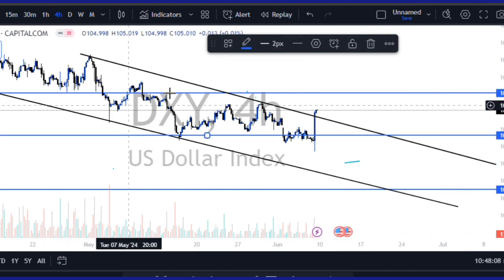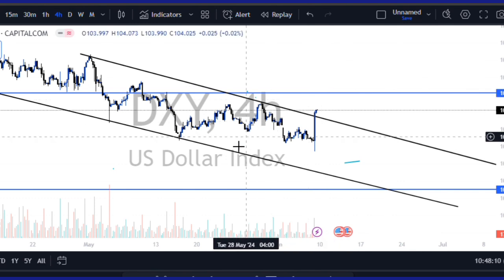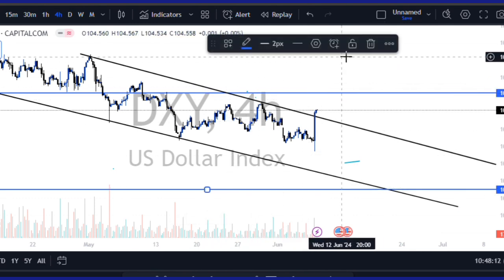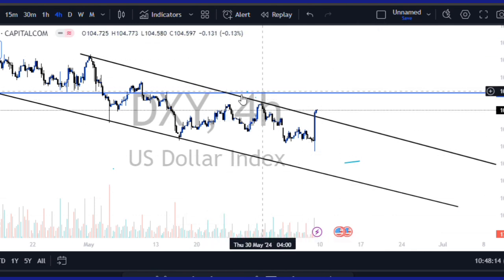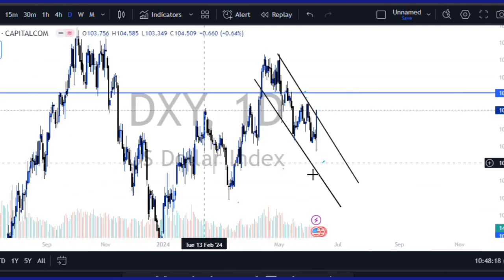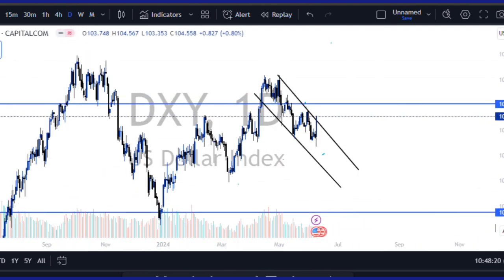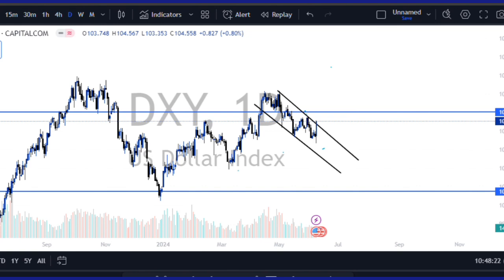Let me delete these zones. Let me go again to a daily time frame. There's something that I forgot. I can see a very interesting zone from this point.